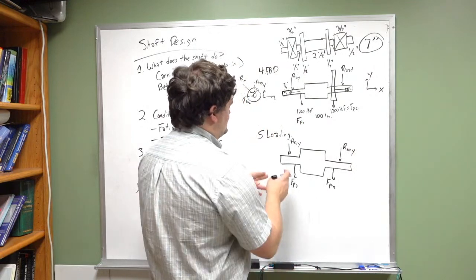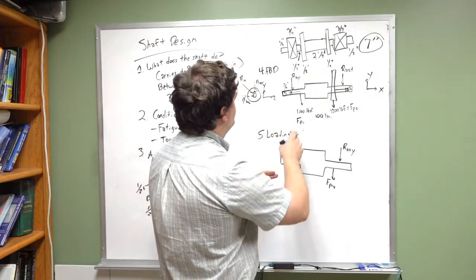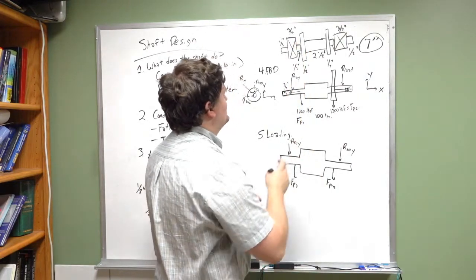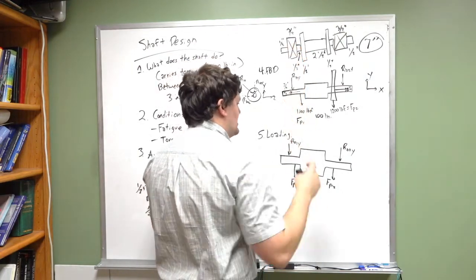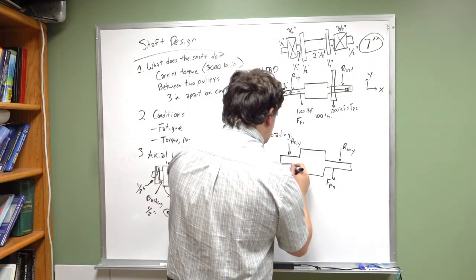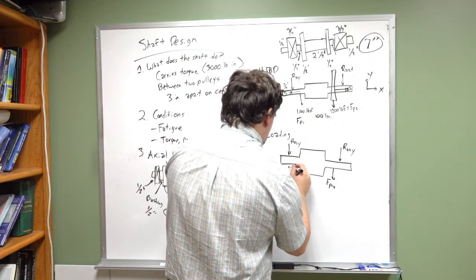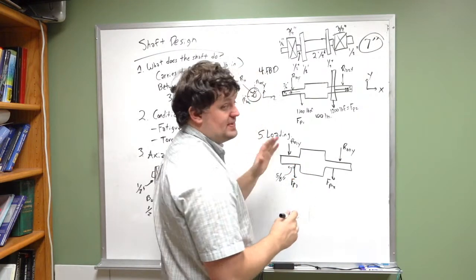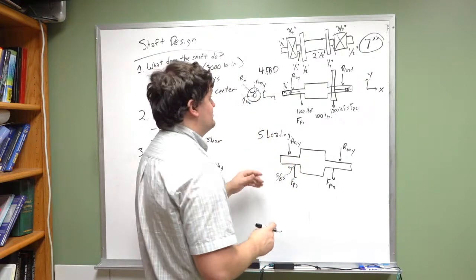This is 7/8 of an inch, which we don't need to know. The distance from here to the center of that is 1/4 of an inch. That's 3/8 of an inch. That's 5/8 of an inch between these two.